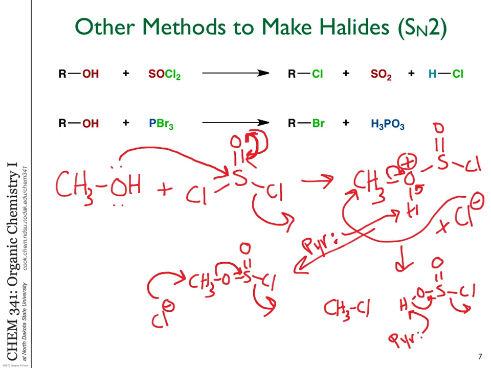The essential reactivity is very much the same as our reaction with hydrogen halide. We somehow activate the OH so that we can break the CO bond by reacting it with some electrophile, something seeking electrons. In this case, it's the positive character of the sulfur, or in hydrogen chloride, it would be the proton.